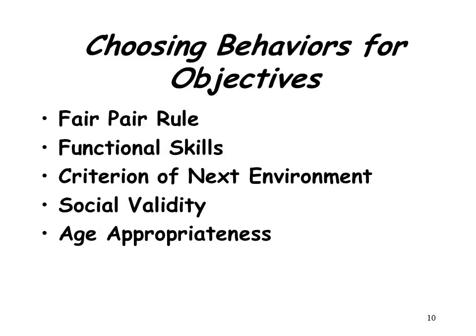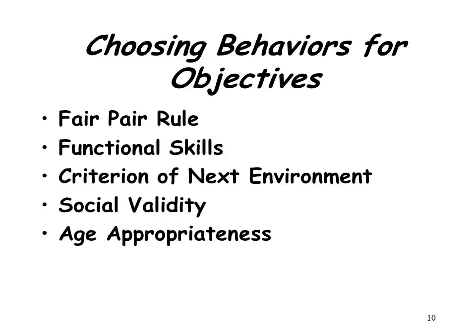When you choose behaviors or objectives, there are several things to consider. One of them is the fair pair rule. This is the idea that anytime we decrease a behavior, we want to identify an appropriate behavior to increase. So if we want to decrease physical aggression, we want to look at the purpose or the function of that aggression. What's the person trying to get out of it?